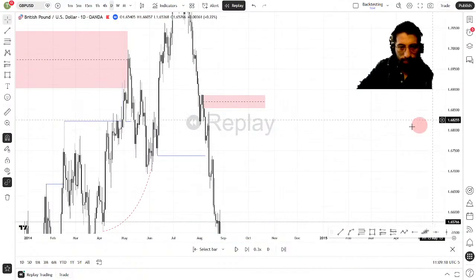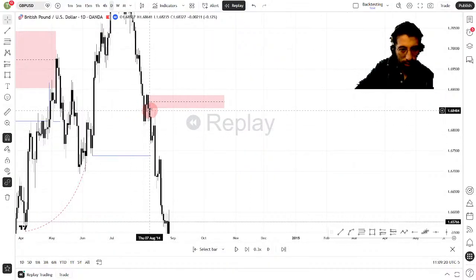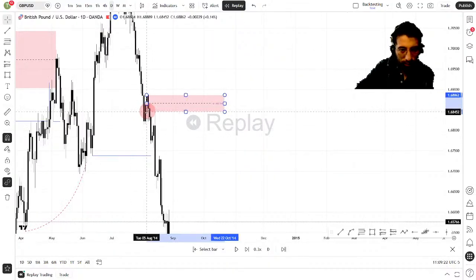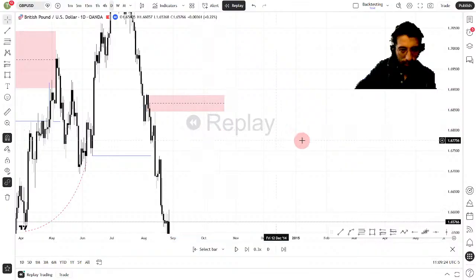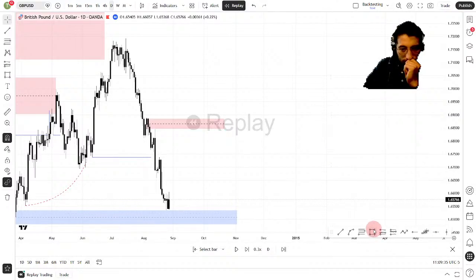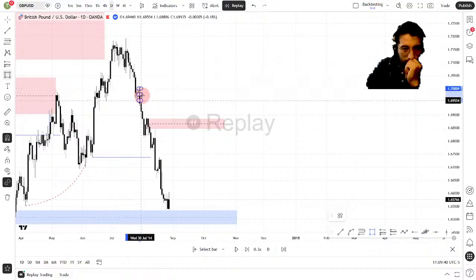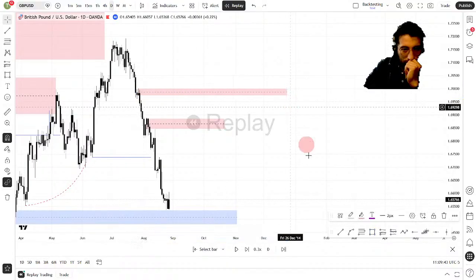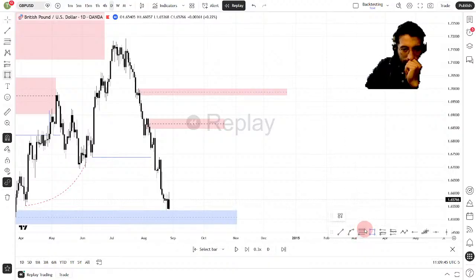Supply. I like this entry area much more. Oh, it's being mitigated. Well, let's see what happens. Another interesting entry point would be this order block here, which is actually very isolated. And here is another one.